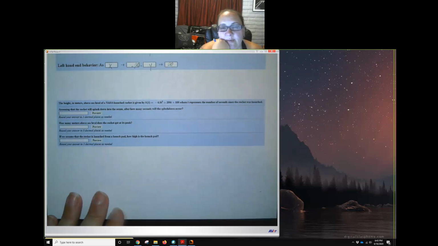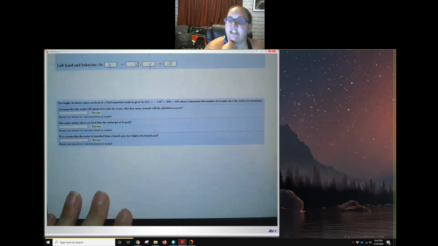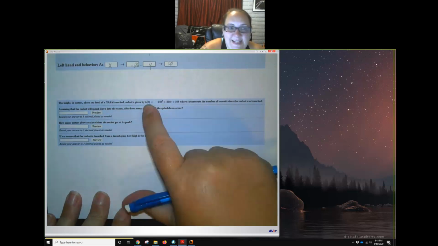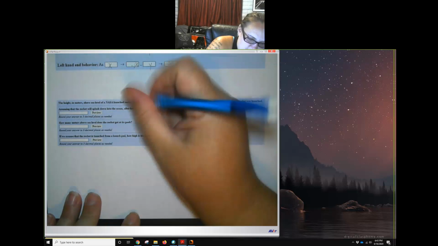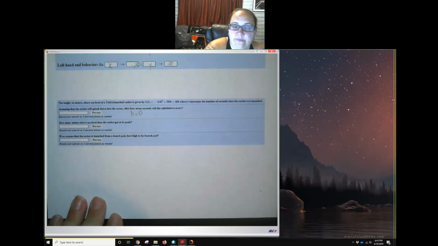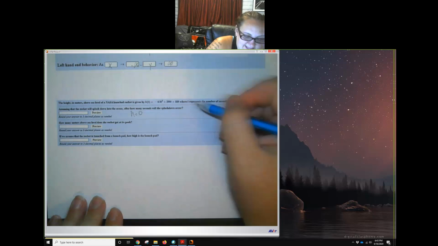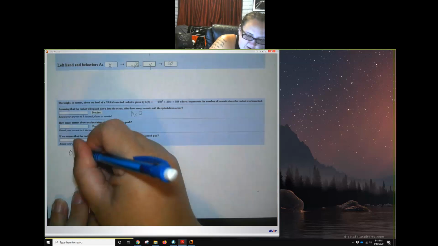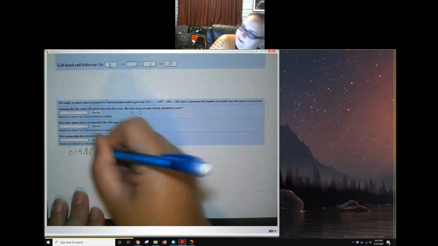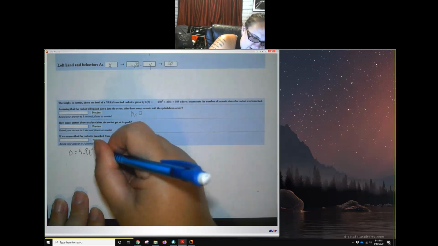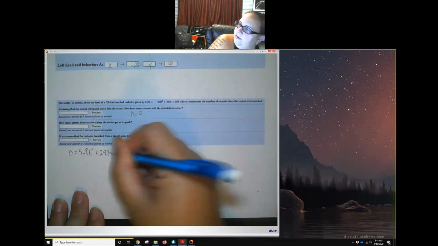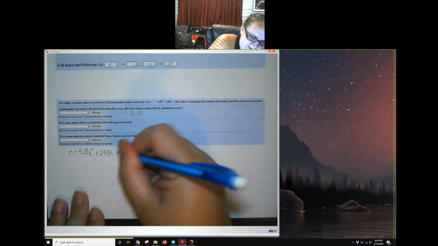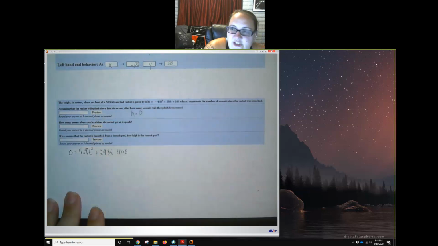So splashdown means that the rocket has landed in the ocean, which would mean that its height is 0. So I'm going to set this equation equal to 0. And I'm going to solve for t.